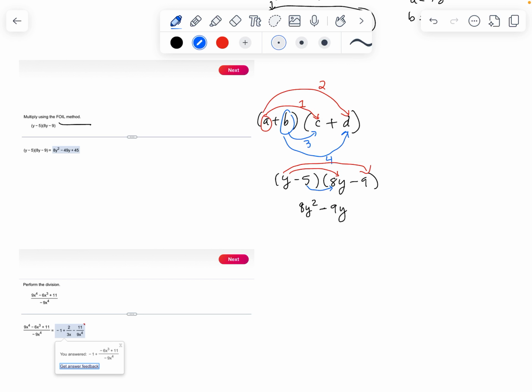Then we have negative 5 times 8y, that will yield negative 40y, and negative 5 times negative 9, we get positive 45. Combining like terms, we have 8y squared. The only like terms would be this one and this one. So negative 9y minus 40y would be negative 49y, plus 45.